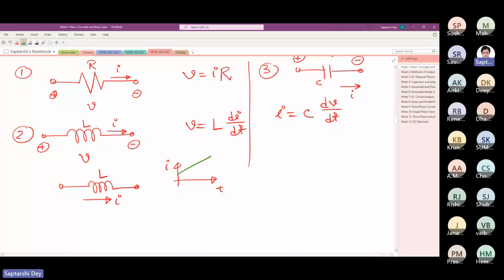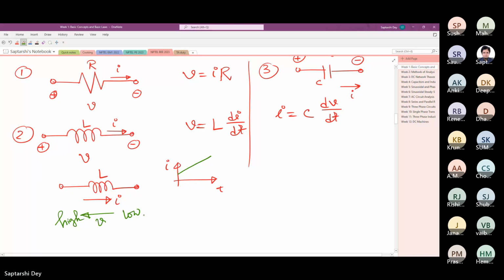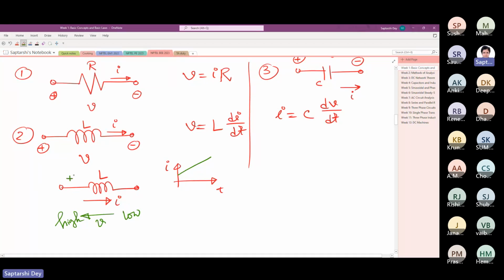Right? So it will try to create a current in this direction, to stop this current, by applying a voltage in this direction. In this direction means this is at higher potential, this is at lower potential. That means if I write a voltage like this V, then this V is positive.